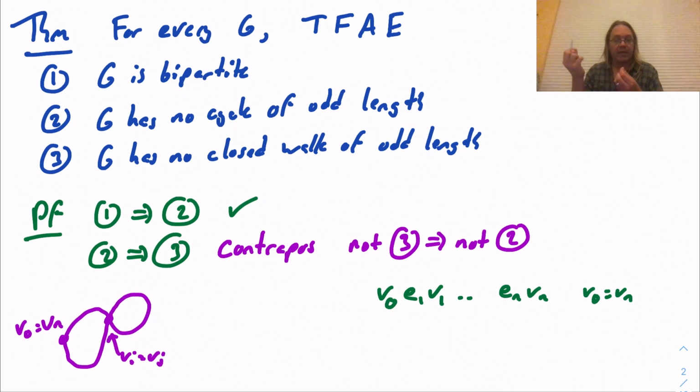So that allows me to take a closed walk with a repeated vertex and split it into 2. Well, if the first one was odd, the length of the first one is the sum of the lengths of the 2 pieces I've broken it up into. If the first one's odd, then one of those 2 pieces has to be odd. And I'm going to find a shorter closed walk, which is odd.